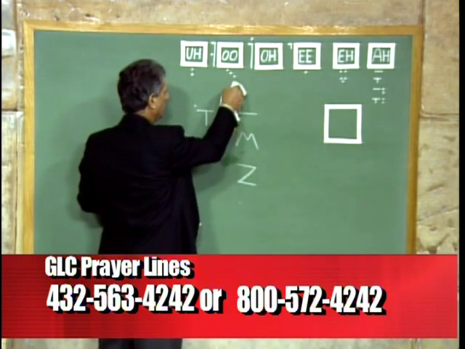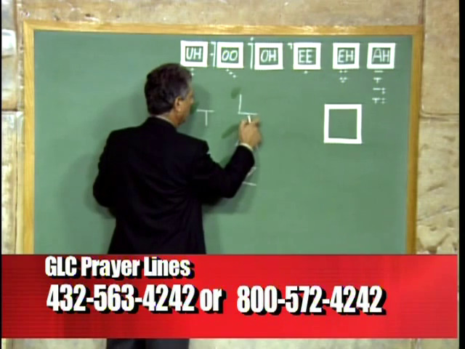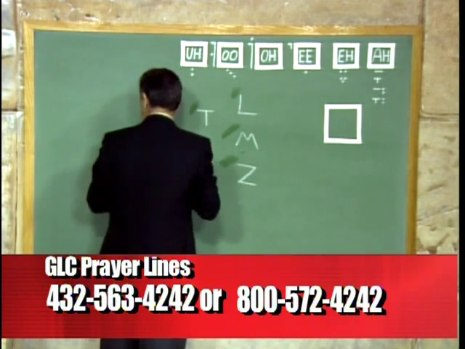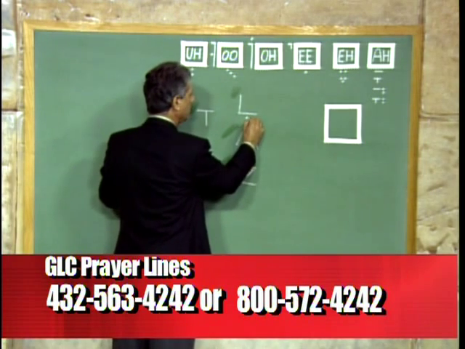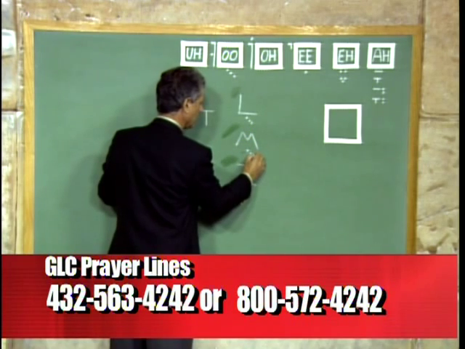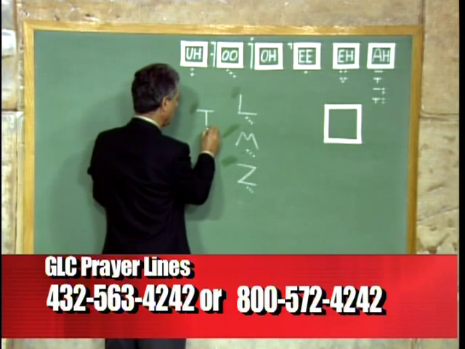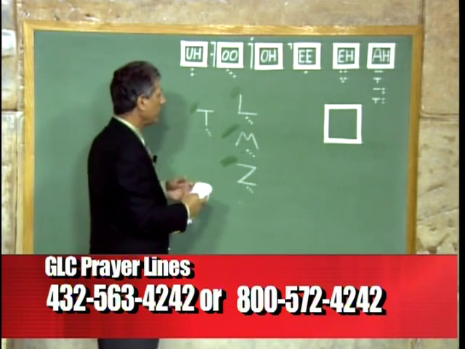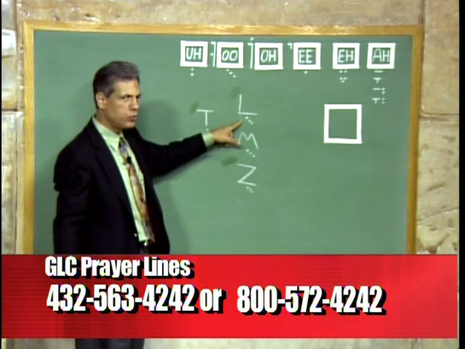Let's see the example here. Three diagonal dots. That will give me, under the L, Lu.